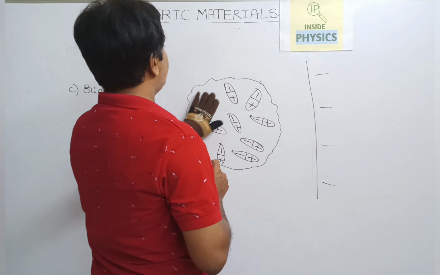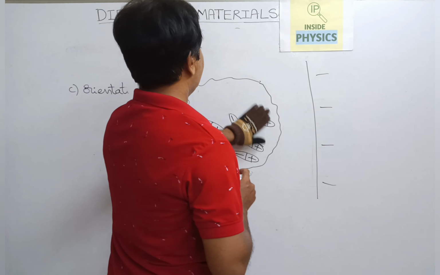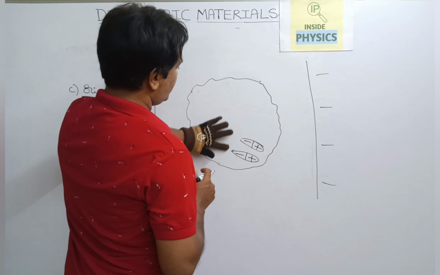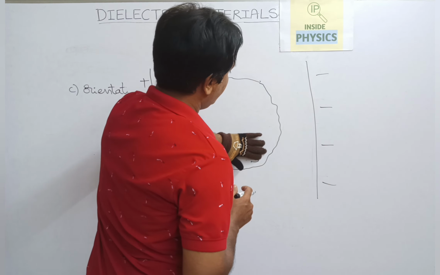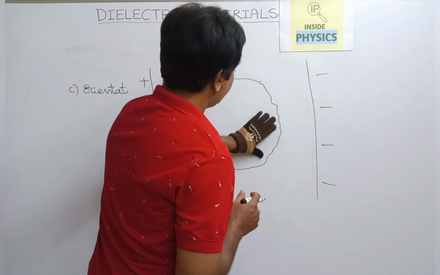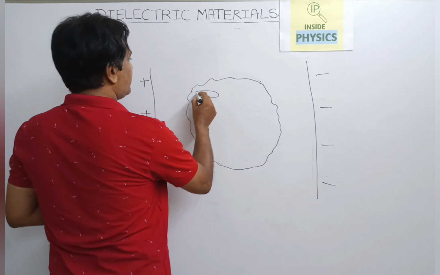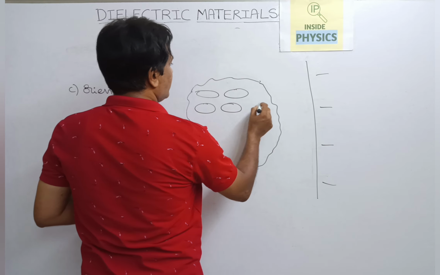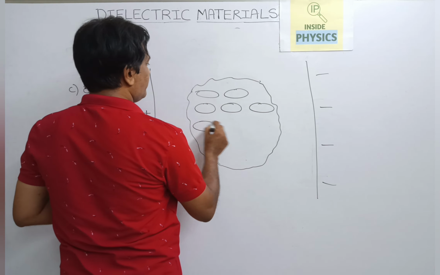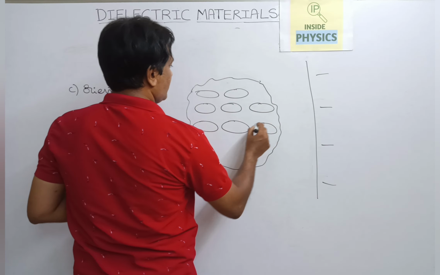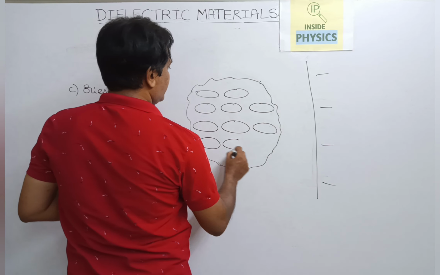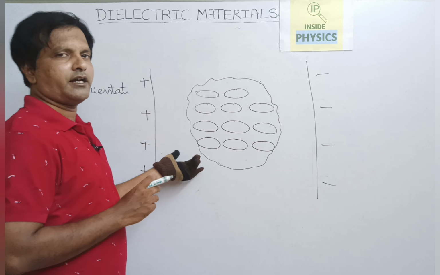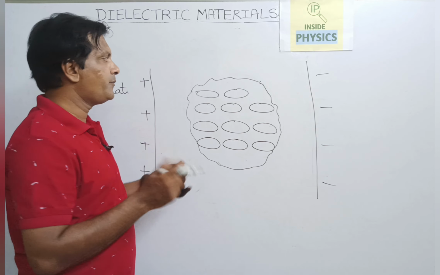These dipoles, which are considered as atoms, molecules, or ions, will be oriented in the direction and aligned exactly in the same way. Considering this kind of orientation, this material now must have a definite net dipole moment.